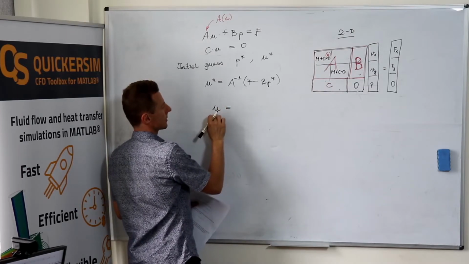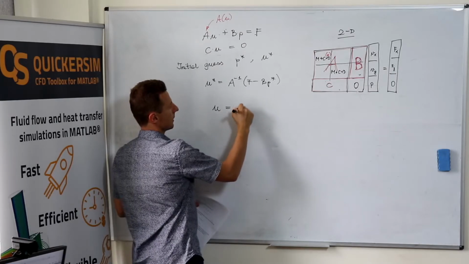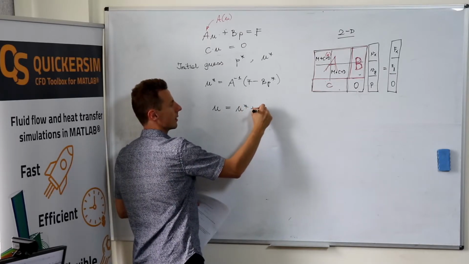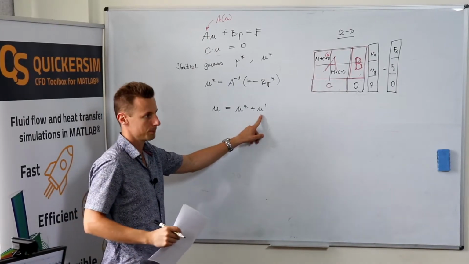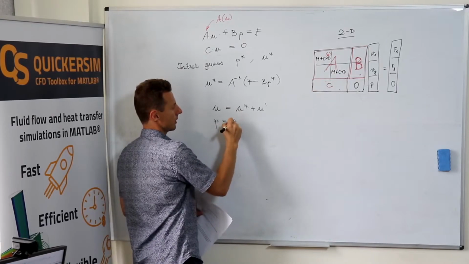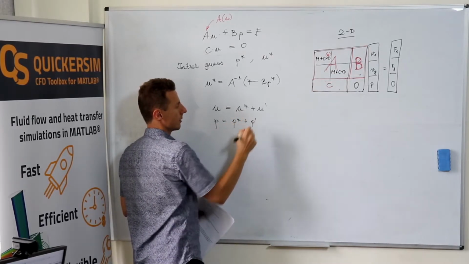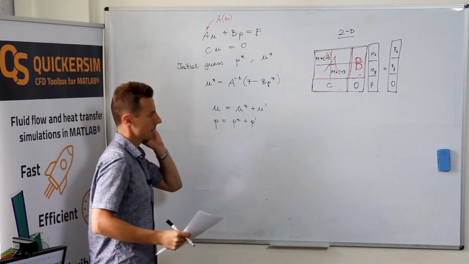Let's assume that the physically correct velocity is our initial guess plus some correction that needs to be done. Same with the pressure. The correct pressure is our initial guess plus some correction that we need to make to the system.